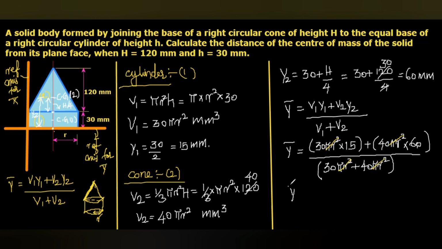Then the remaining values, if you simplify, we will get the Y bar value. Okay, that Y bar value equals 40.7 mm. That is 40.7 mm.